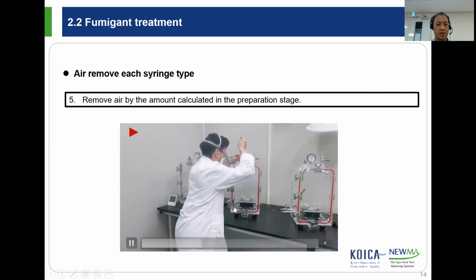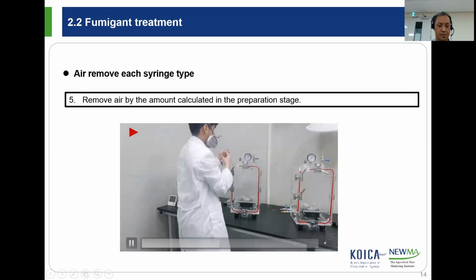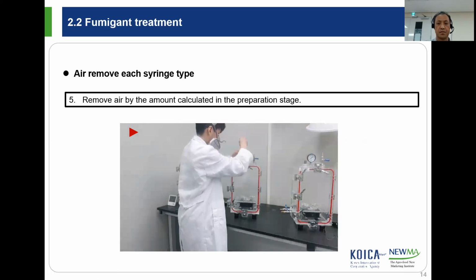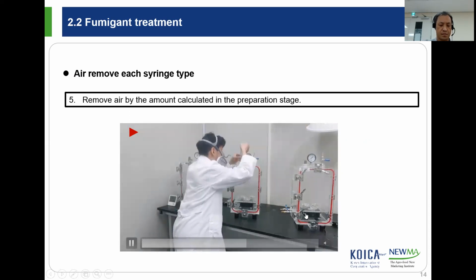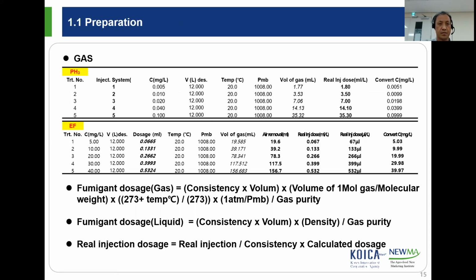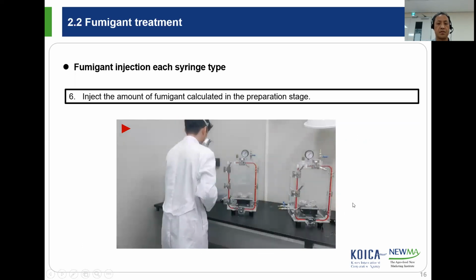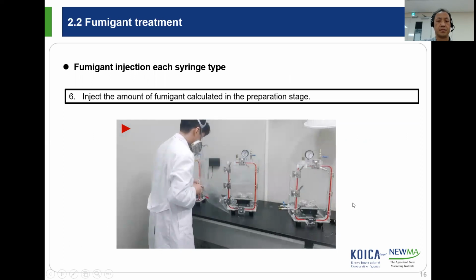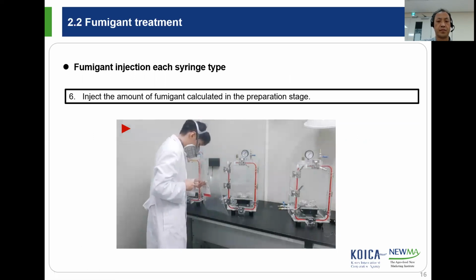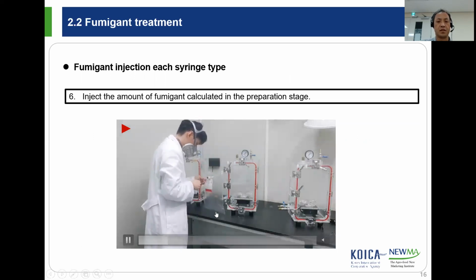You remove the air from the small chamber like this, and inject the amount of fumigant calculated in the preparation stage. Can you see?